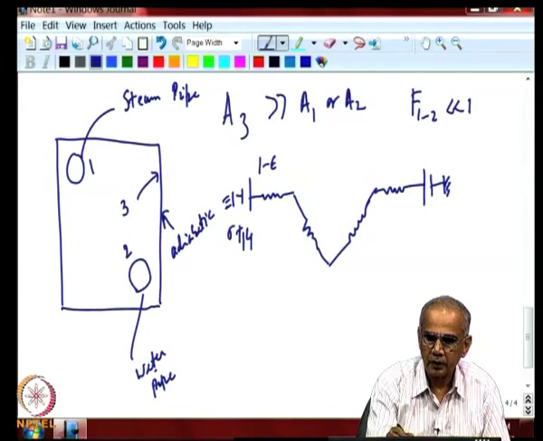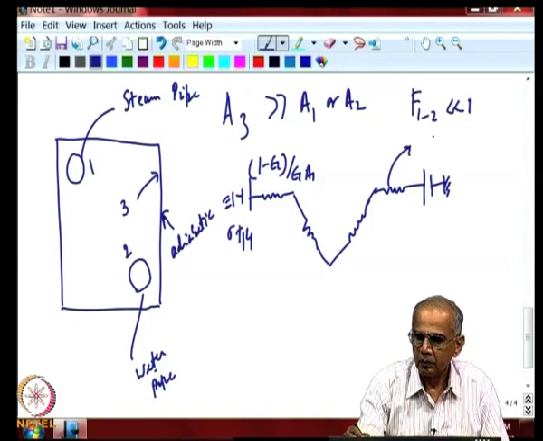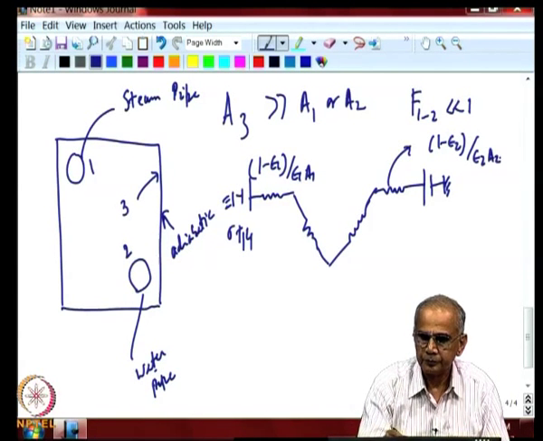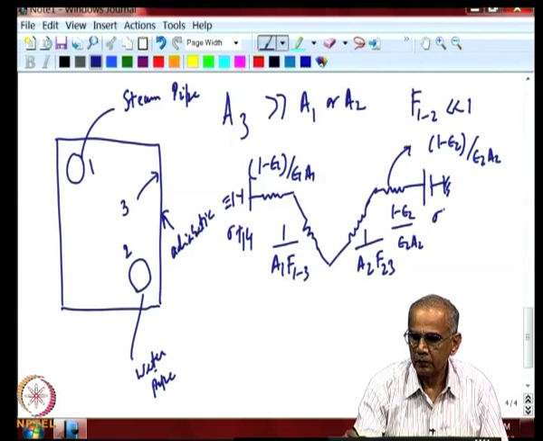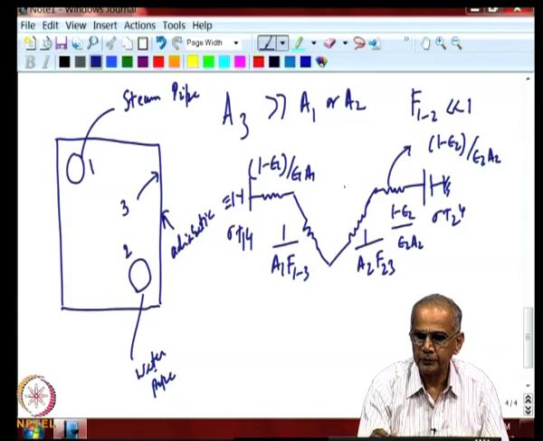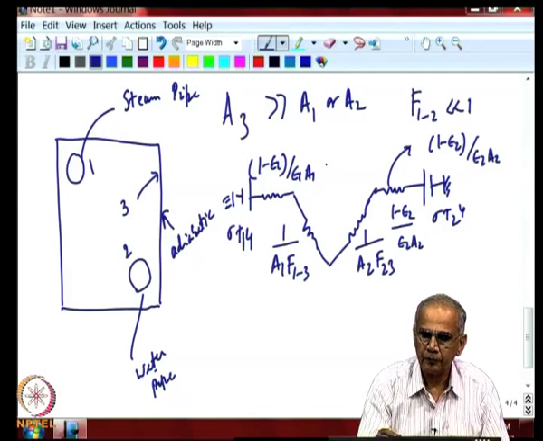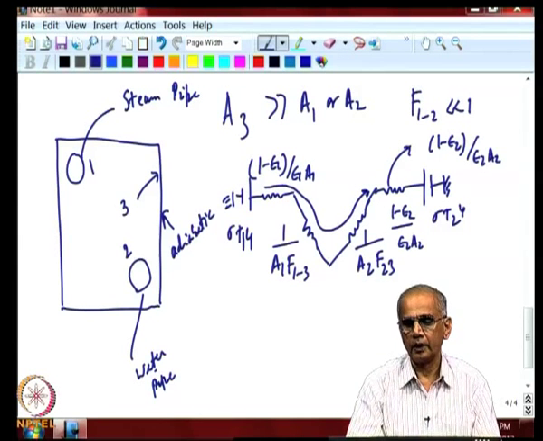This is 1 minus epsilon 1 over A1, 1 minus epsilon 2 over A2, 1 by A1 F13, 1 by A2 F23. So, we have made the open circuit because F12 is very small. So, your flow is really occurring through the walls to the other side.